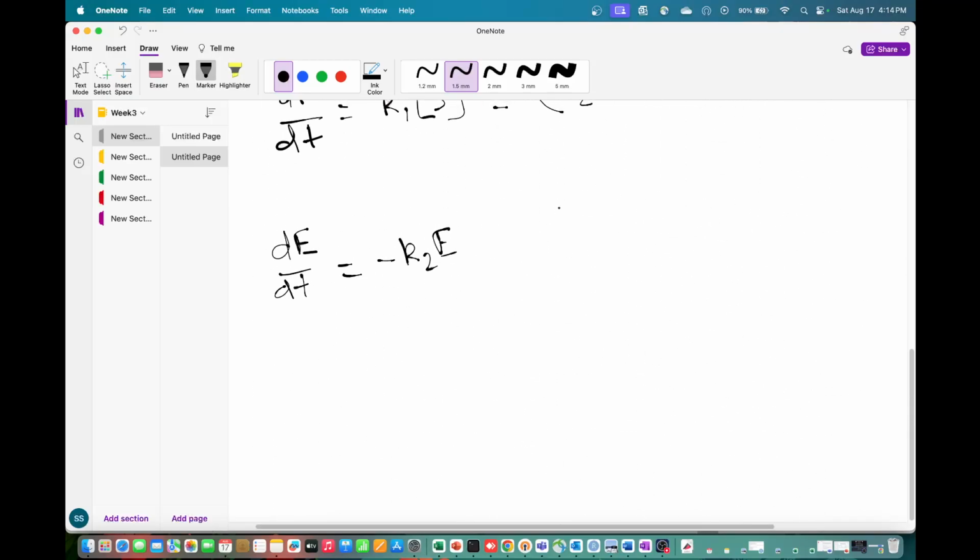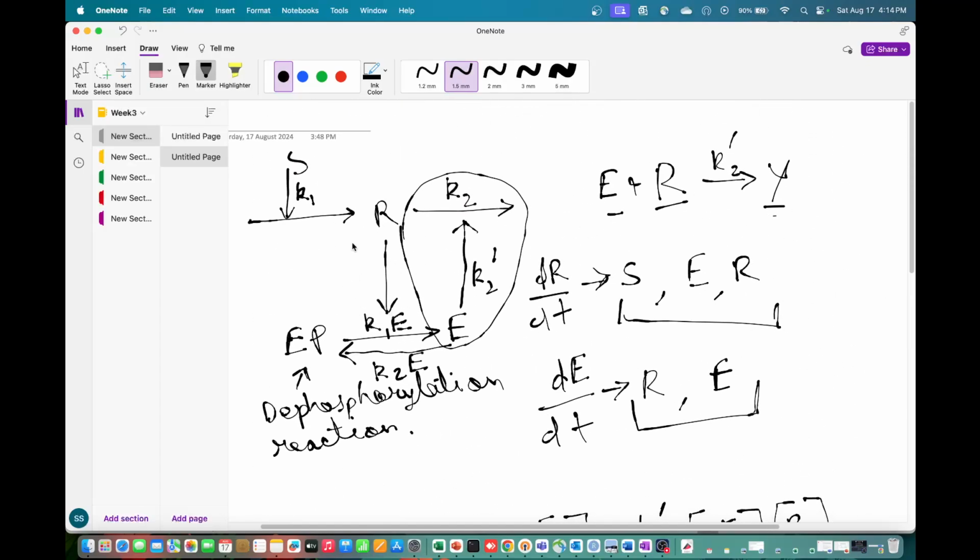Okay, so K2 into E. This is the reversible backward reaction from E to EP. So this depends on R, because R is the one that is regulating this reaction. So R is the enzyme here.